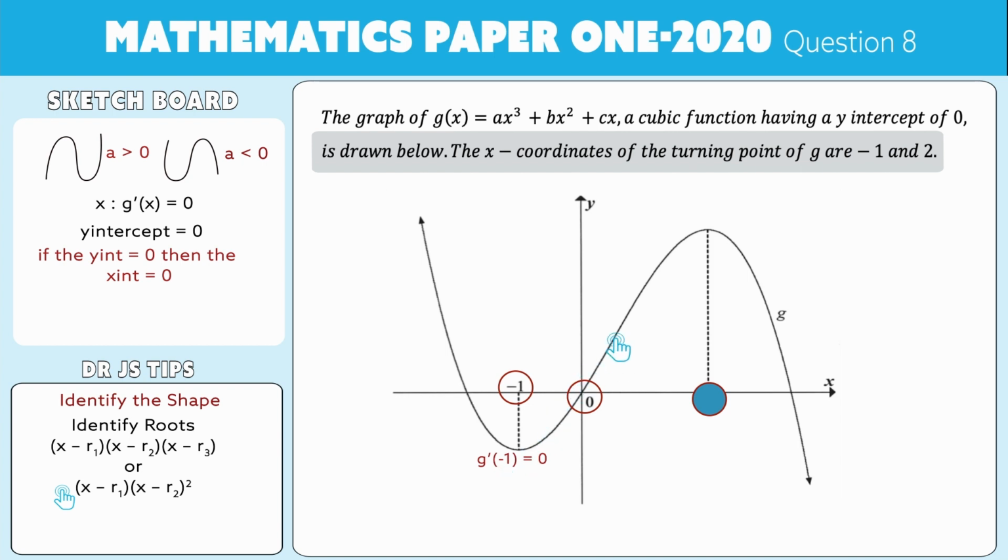And at this point here, g prime of 2 is 0. Okay, that helps a bit. I think that is mainly everything that we can get from this graph. So let us go and see what it is that they ask us to do.